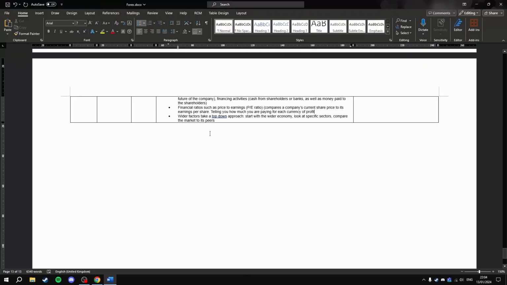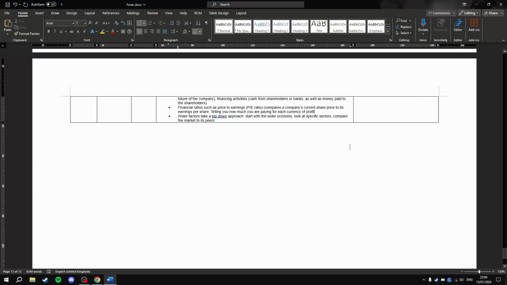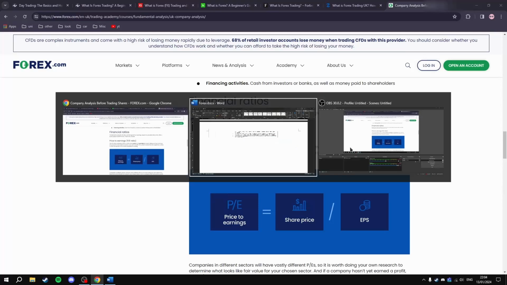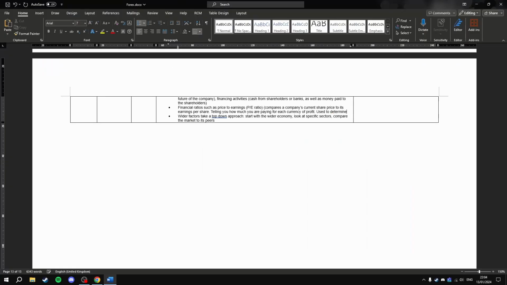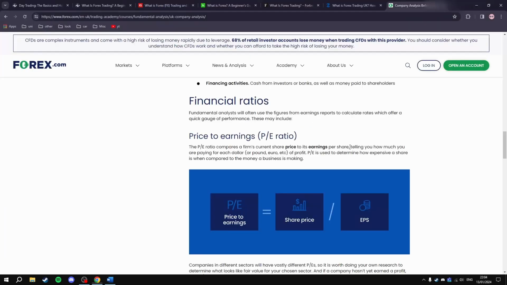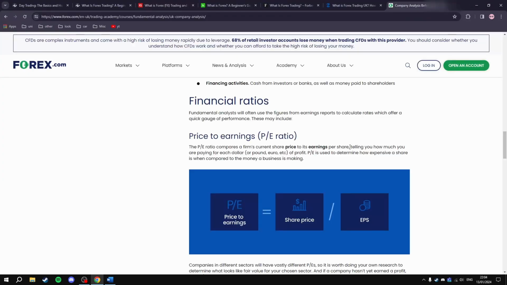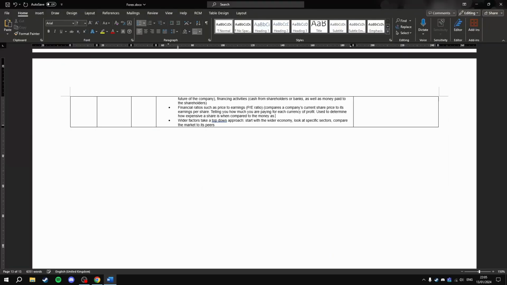It tells you how much you're paying for each currency of profit, and is used to determine how expensive a share is when compared to the money a business is making.